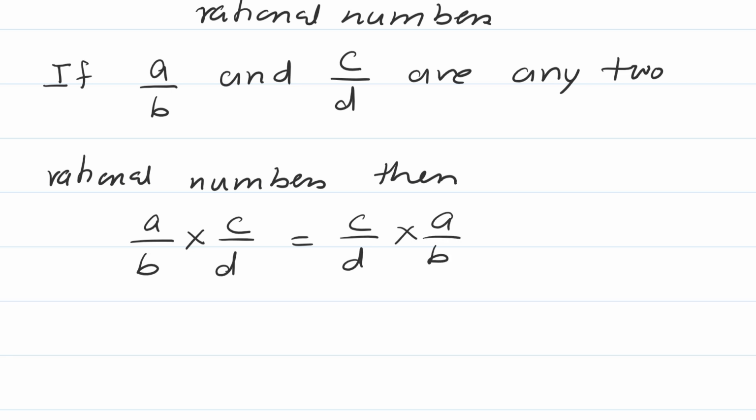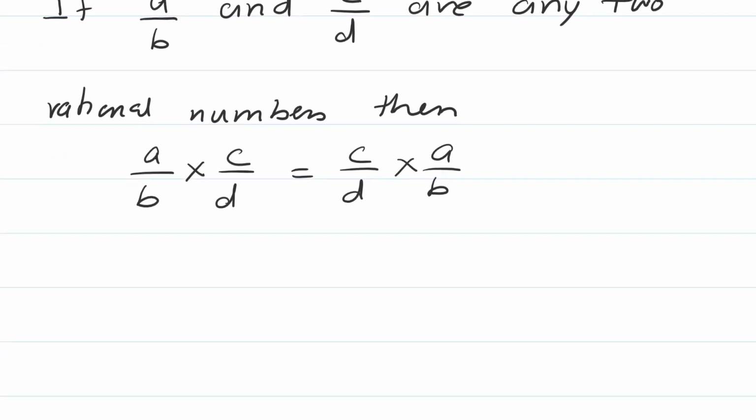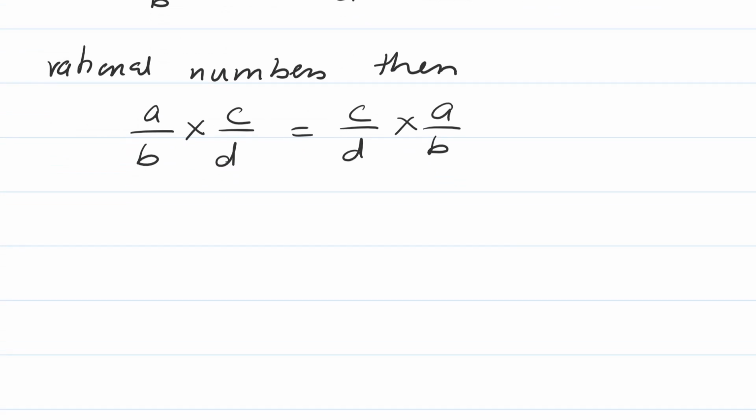For multiplication of rational numbers, order is not important. You can multiply in any order. Now we'll verify this property. Consider two rational numbers 5 by 3 and 2 by 7. We will verify that 5 by 3 into 2 by 7 is equivalent to 2 by 7 into 5 by 3.